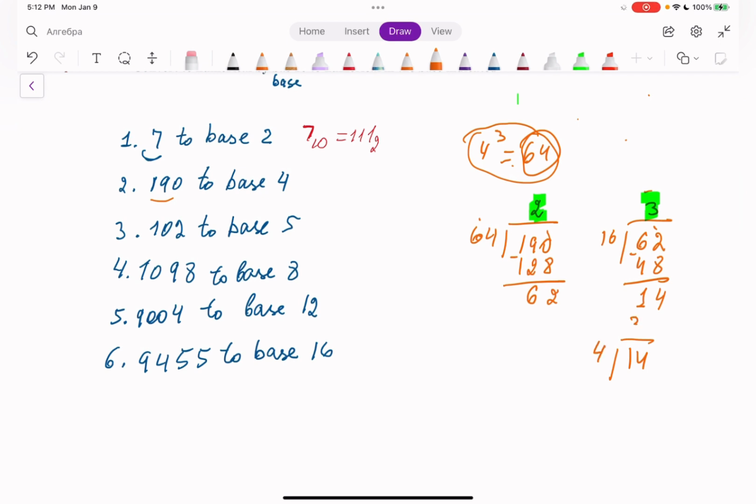So it's going to be 3 times 4, which is 12, and the remainder is going to be 2. So we arrived, because 2 is smaller than 4 and I cannot divide anymore. So the numbers I have are 2, 3, 2. Oh wait, it's going to be 2, 3, 3, 2.